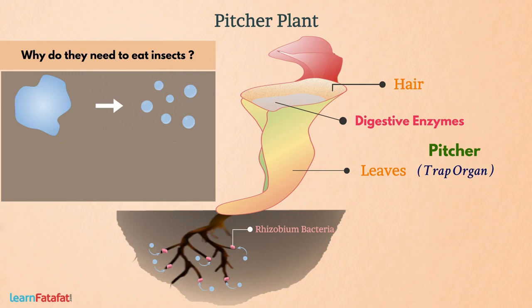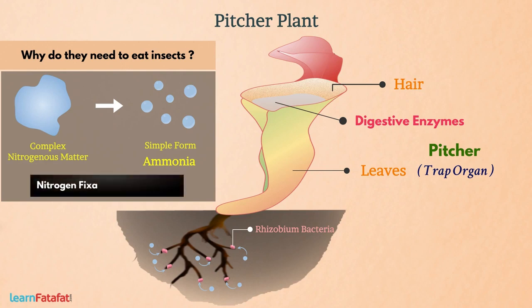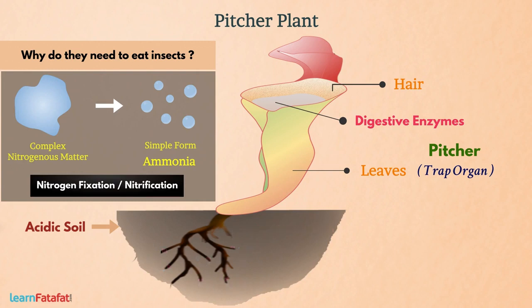The process of conversion of complex nitrogenous matter into simple forms such as ammonia that can be used by plants is called nitrogen fixation or nitrification. Because of acidic soil, the process could not be completed. In such a case, the plants search for other sources of food, which is nothing but the insects.